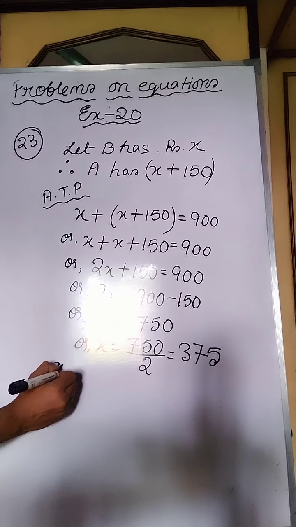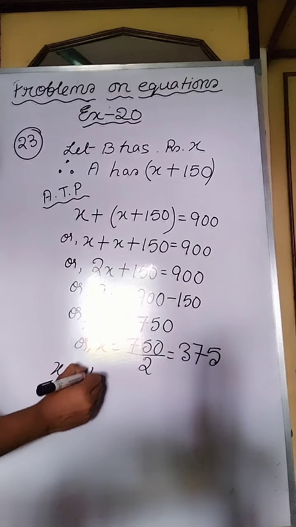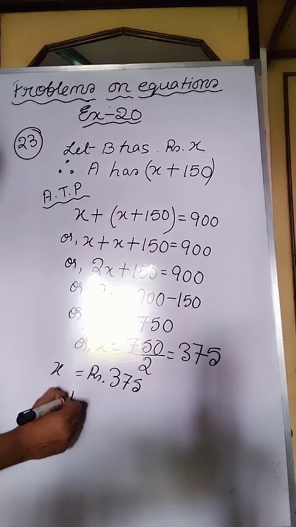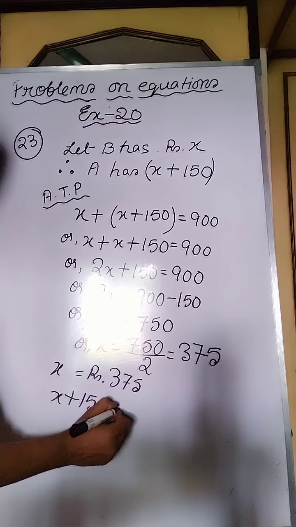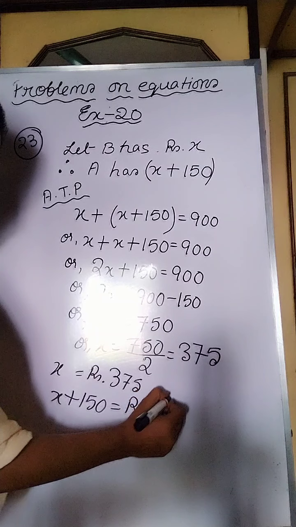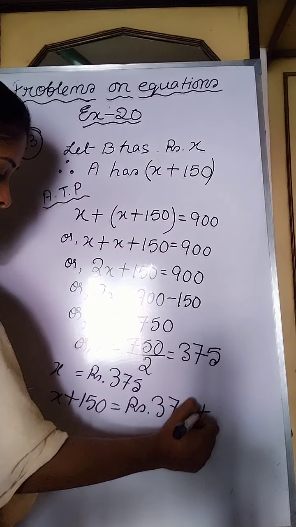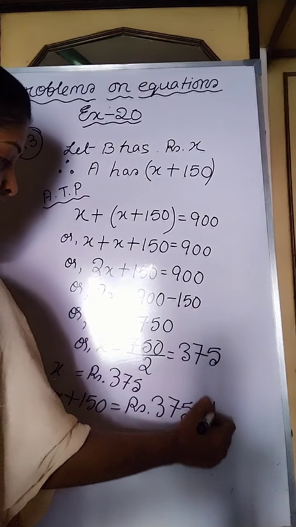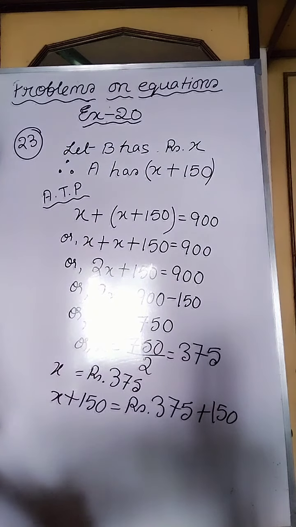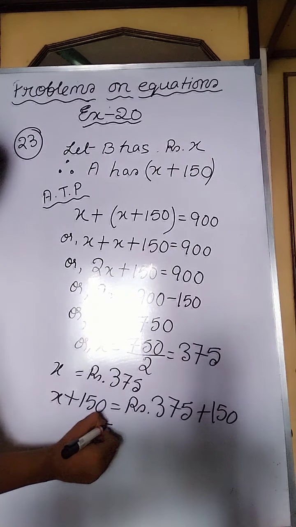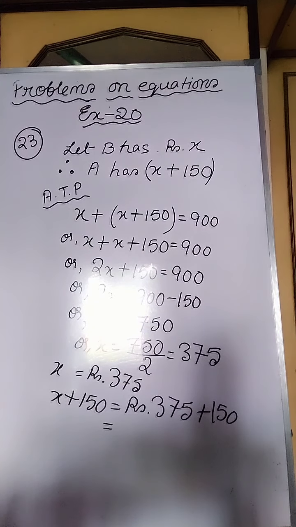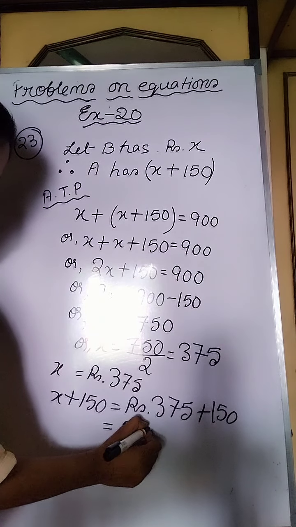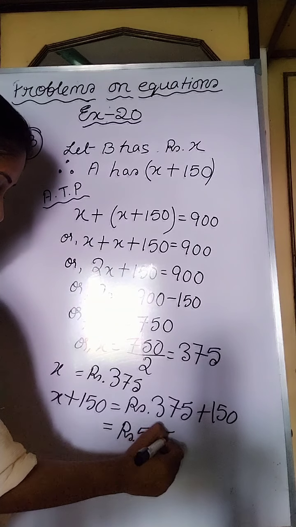So X is equal to rupees 375, and X plus 150, which is the money of A, will be rupees 375 plus 150. 375 plus 150 is equal to 525.